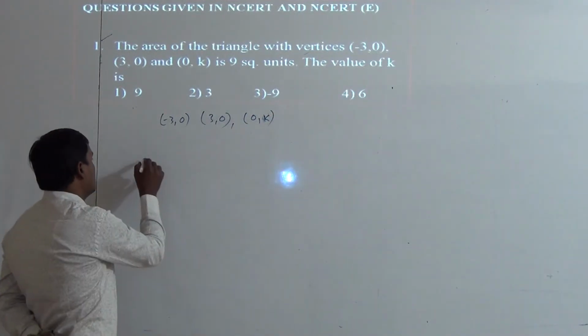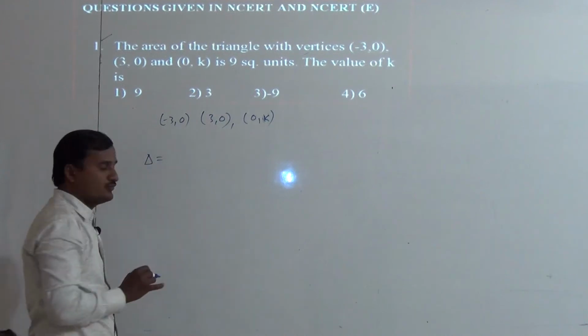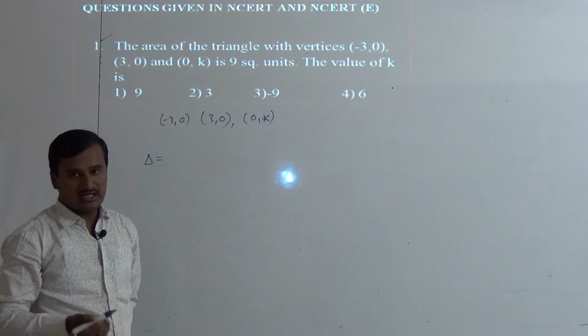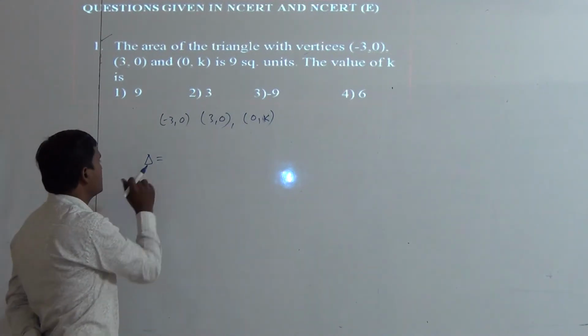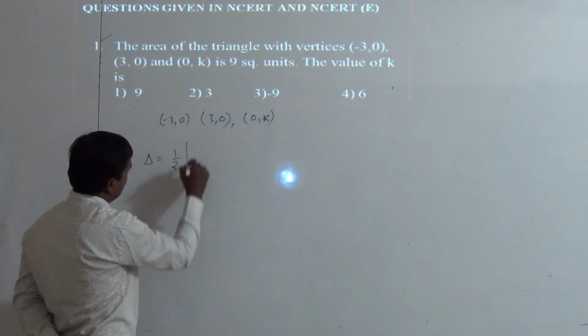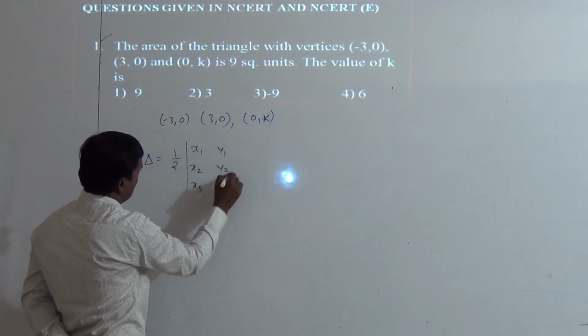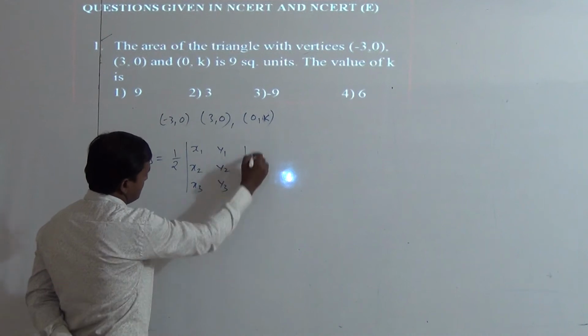Here you know how to find the area of the triangle with vertices given, by using determinant. So that is delta is equal to 1 upon 2, x1 x2 x3, y1 y2 y3, 1 1 1, right?